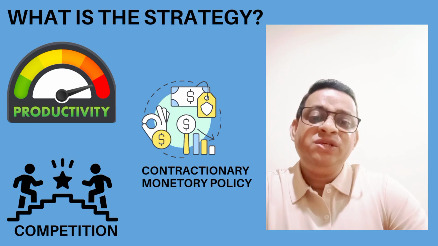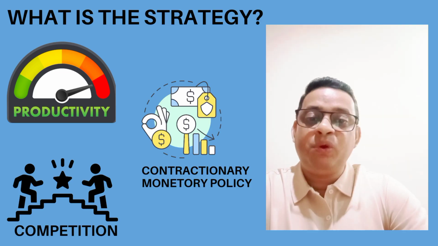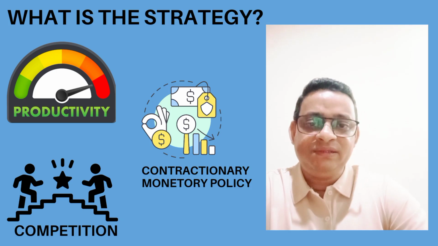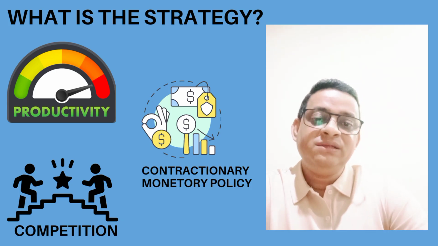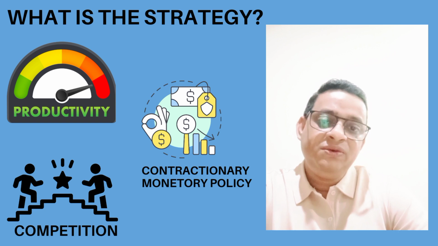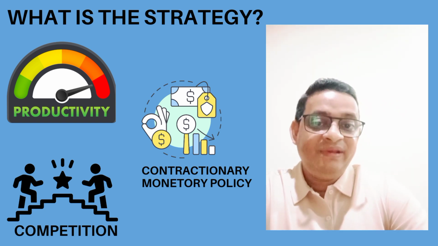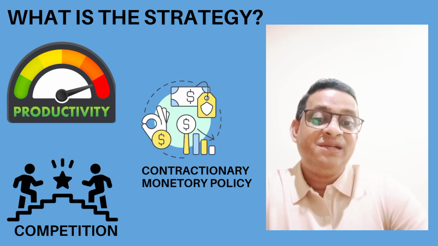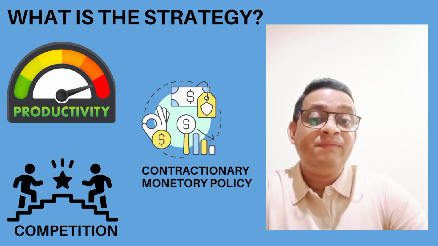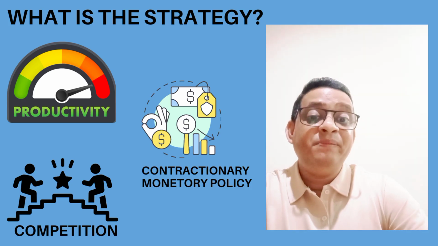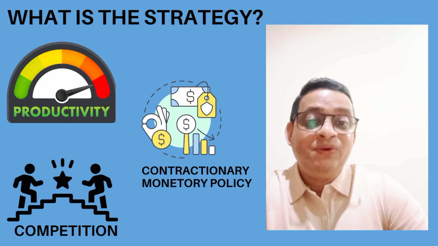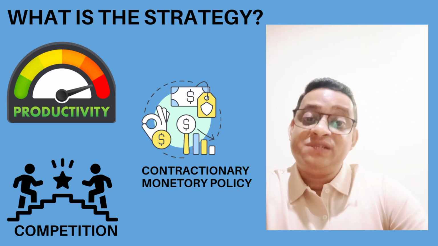So contractionary monetary policy is a very broad term. There are a lot of things to discuss. I will discuss them in my next videos definitely. But these are the basic ideas that I am giving, that these three strategies are the key to control inflation when the inflation happens due to the good employment rate and the good salary and wages structure.